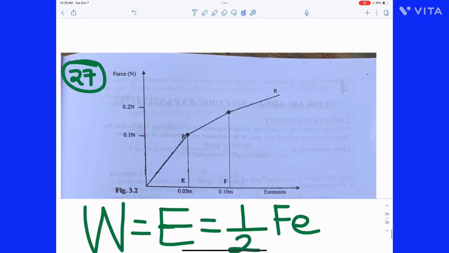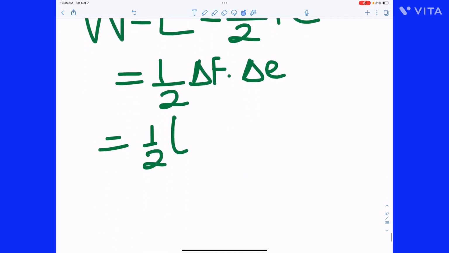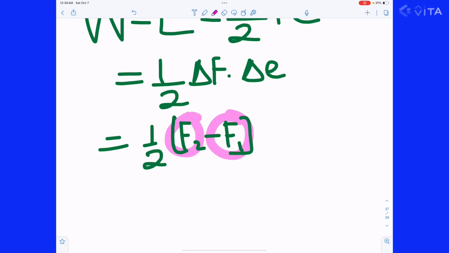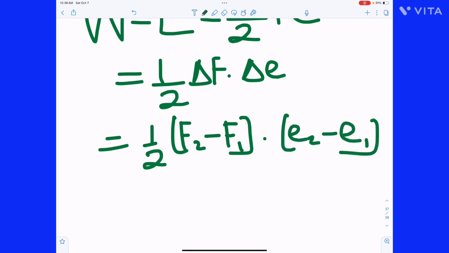1/2 times F2 minus F1. Delta F will be final force minus initial force. That's the force at F minus the force at E. Then delta E will be E2 minus E1. That's the extension or the length at F minus the length at E. So at the end of the day, it still gives us the same answer.